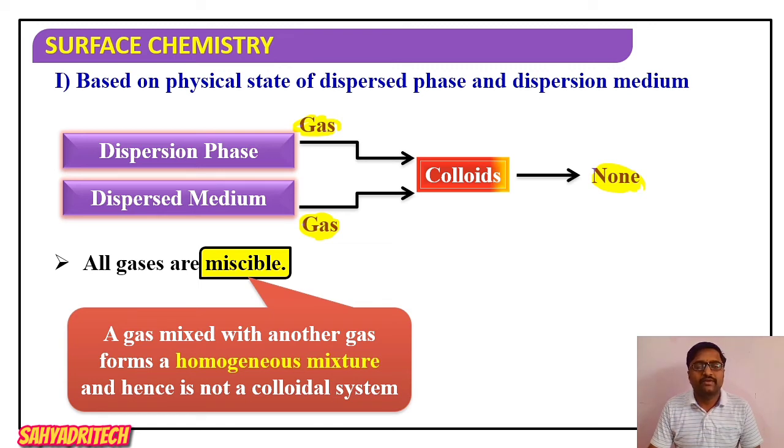So gas in gas type of colloid does not exist, since it is a homogeneous mixture. Therefore, gas in gas does not constitute any type of colloid.